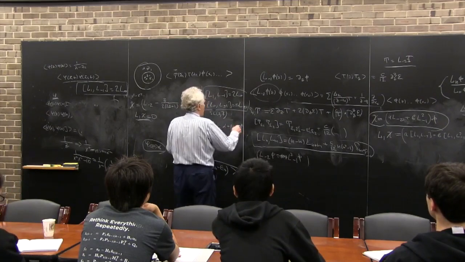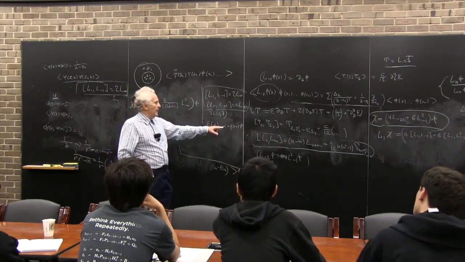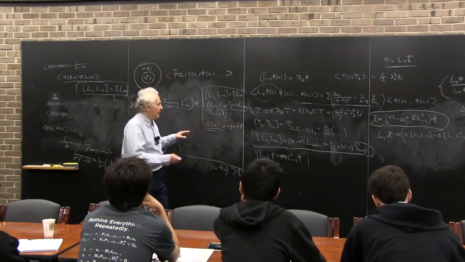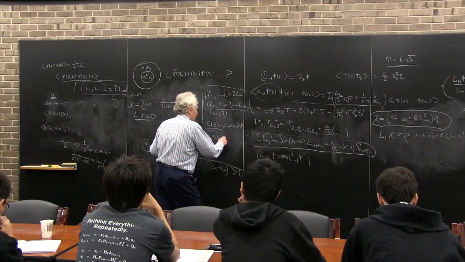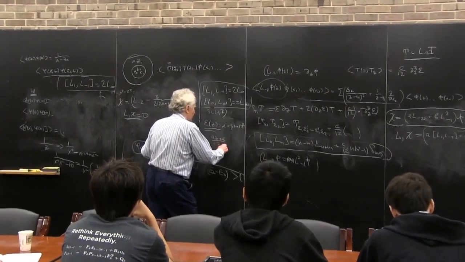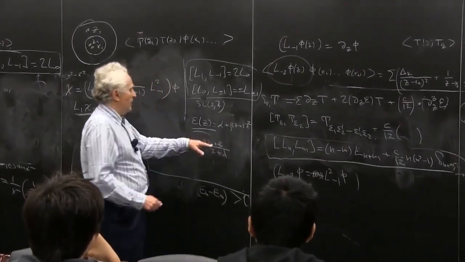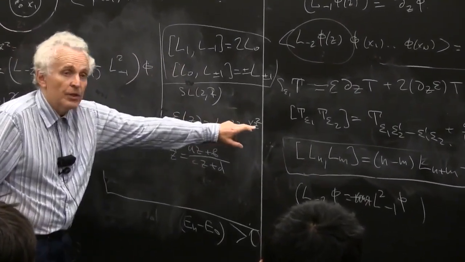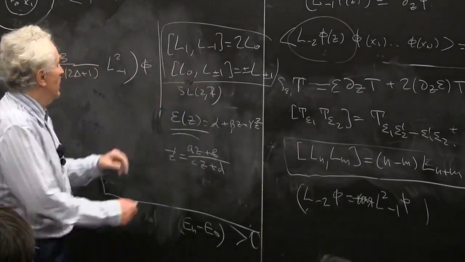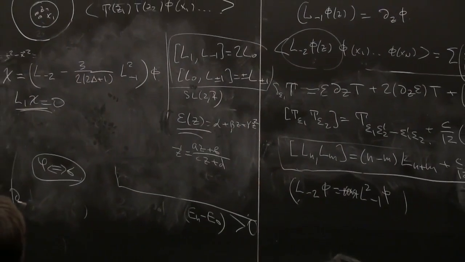There are three transformations which we discussed last time, and these are just the infinitesimal version of the Möbius transformation.